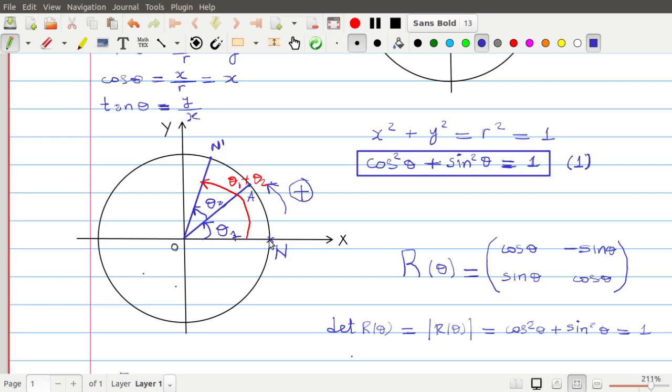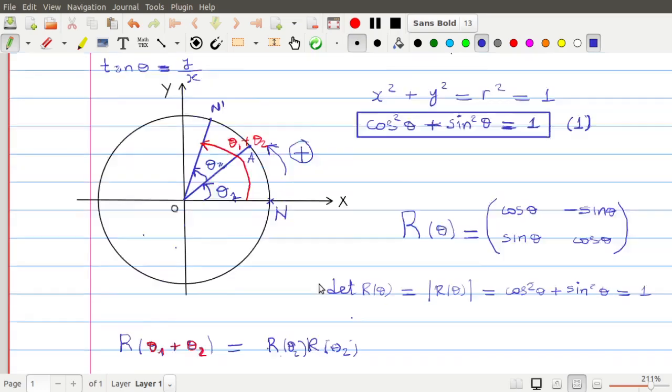So we can rotate the point N to N prime by two rotations. The first rotation is by an angle theta 1, and the second by an angle theta 2. This double rotation is the same as the single rotation theta 1 plus theta 2.